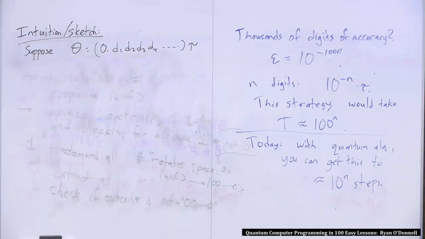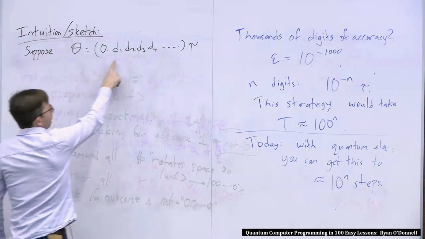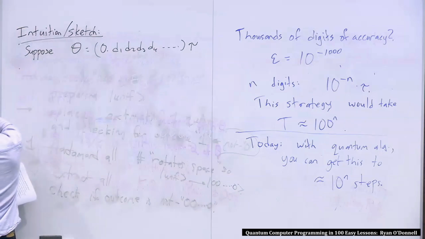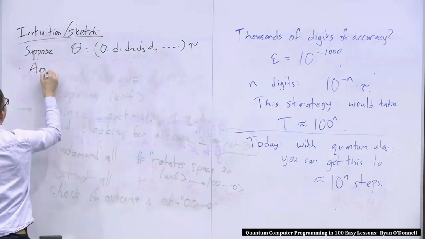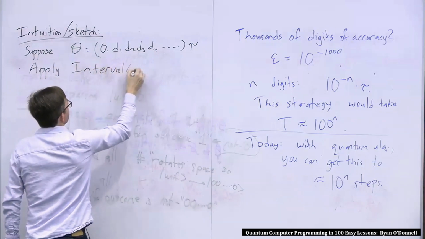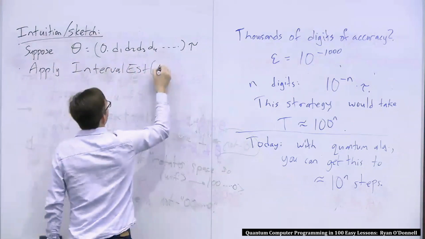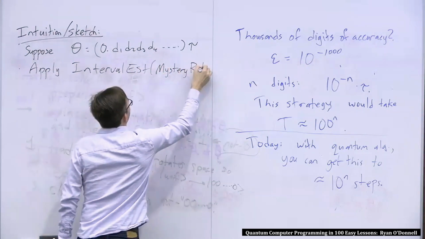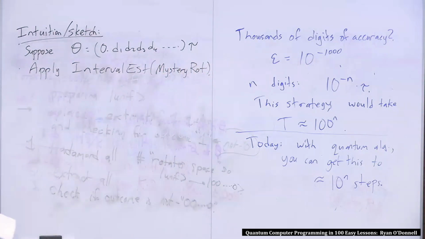And I'm really going to try to figure out like the first 1,000 digits here. Seems crazy. Well, step one is going to be apply this algorithm. So we're going to apply interval estimate to our mystery rot. And what does that basically do at a high level? That gets us 0.001 tau accuracy.